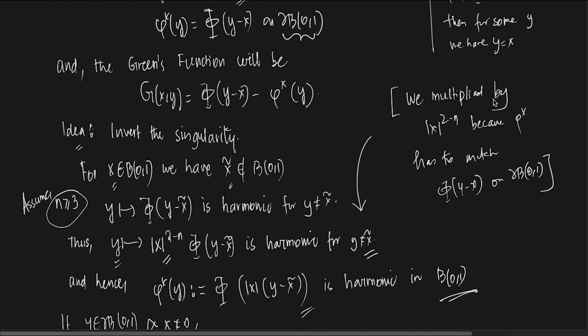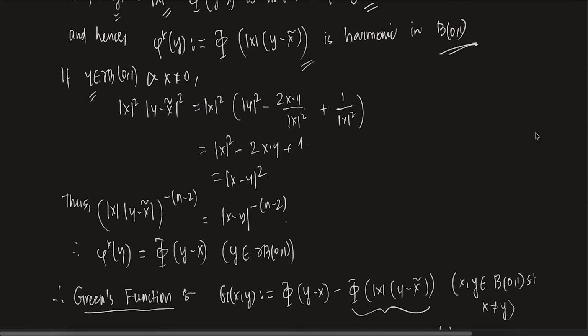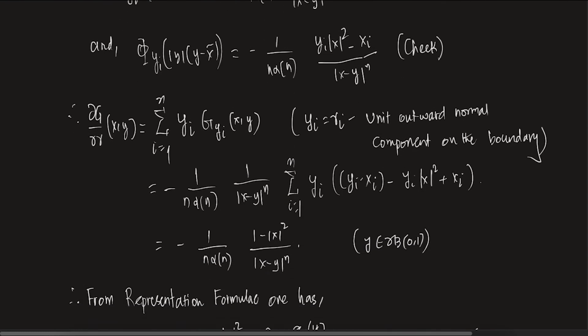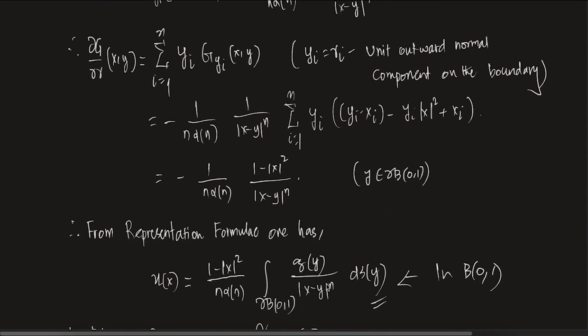That is why we did this. Now, once we did this, we know that these are harmonic, and we showed that this is the reason why it matches on the boundary. And then you write down the Green's function. You already know what phi of x is. There is nothing else. You use the representation formula, write it down, calculate what g is, put it together, and you get this representation formula.